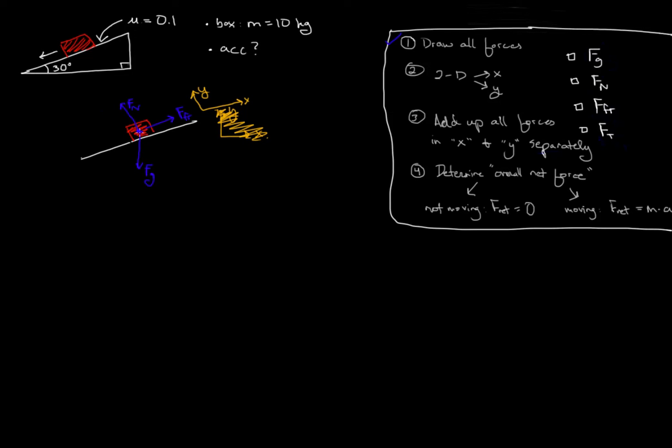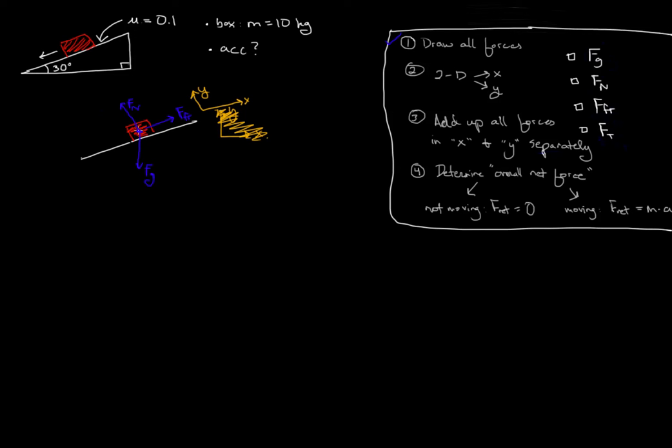And when you do that, then all of a sudden your friction force and your normal force are no longer two-dimensional forces, because if you look at it from this point of view, your friction force is along the x-axis and your normal force is along the y-axis.